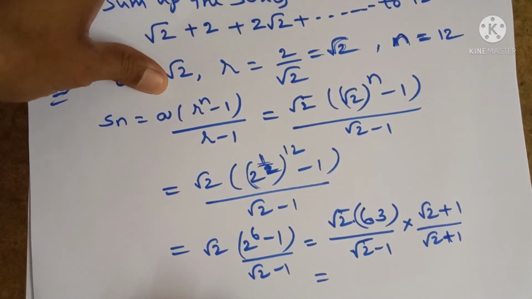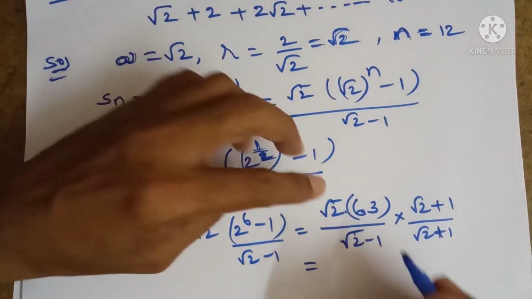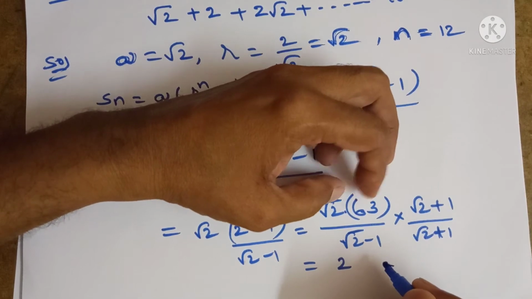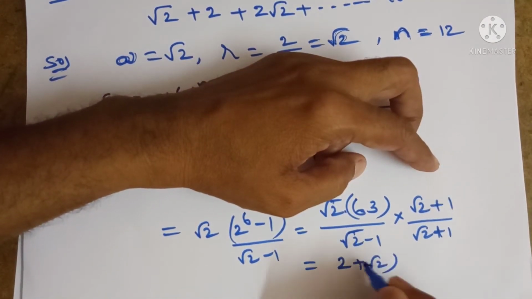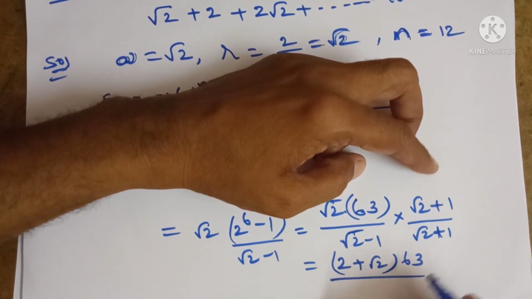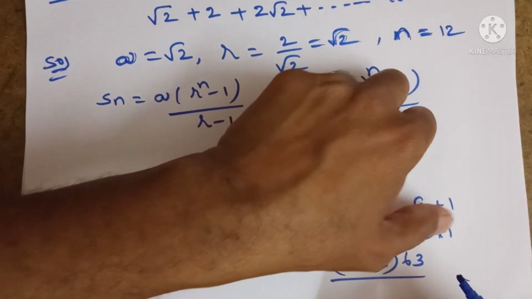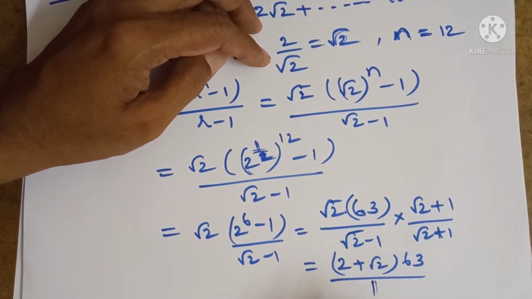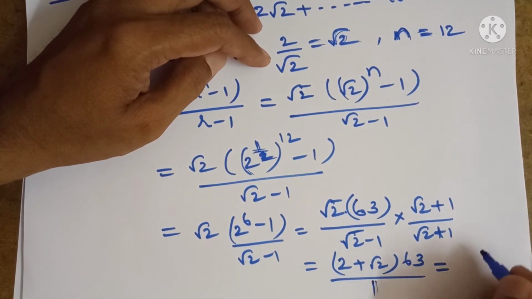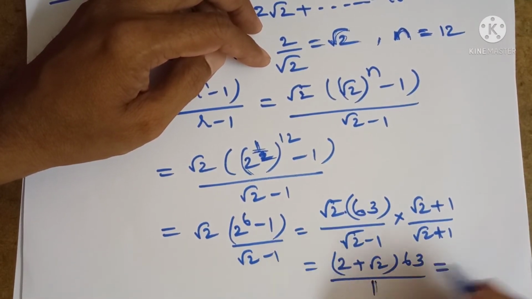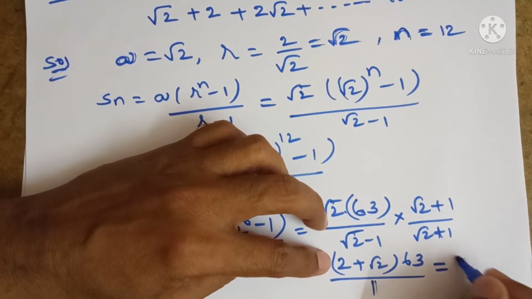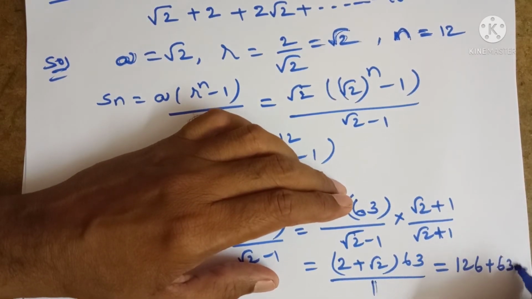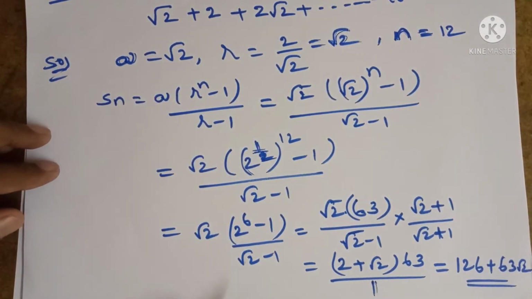This is equal to root 2 into 63 times root 2 plus 1, over a minus b into a plus b, which can be written as a square minus b square: 2 minus 1, which is 1. So finally 63 into 2, 126, plus 63 root 2. This is the final answer.